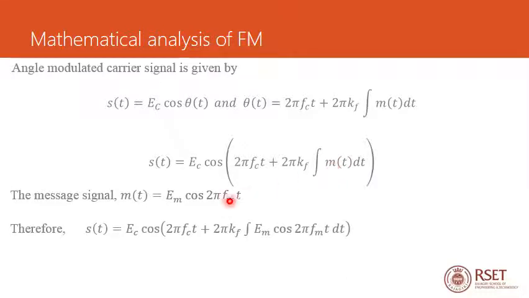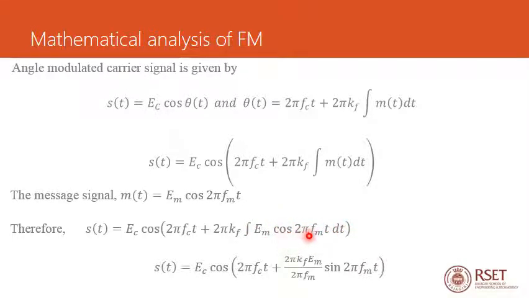So now we can substitute this m of t in this equation. The angle modulated wave now becomes S of t is equal to Ec into cos of 2 pi Fct plus 2 pi Kf integral Em into cos 2 pi Fm into t. Now we can integrate this term. In this equation Em is constant, so we can take 2 pi Kf into Em integral cos 2 pi Fm into t dt.